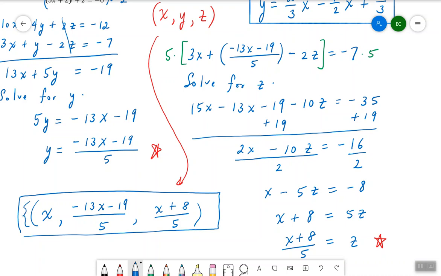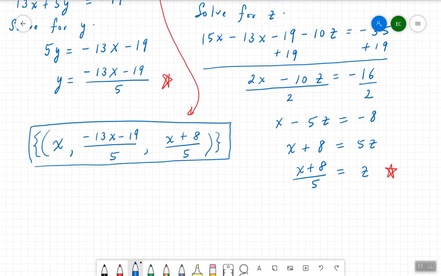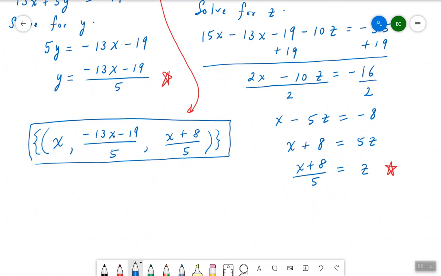We could put the braces around it. We could come back and get a particular solution if we wanted to, if we just substitute any value of x into these other two expressions.